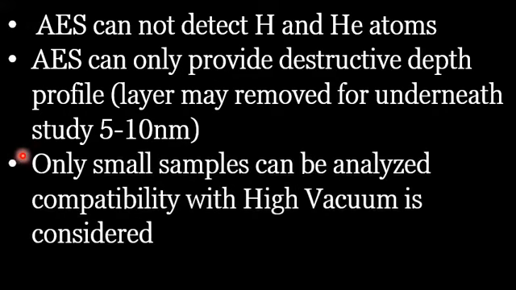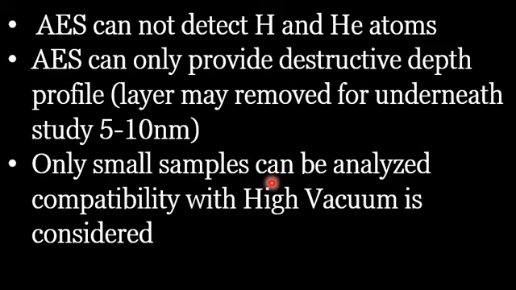Another drawback of Auger electron spectroscopy is that only a small sample can be analyzed, and compatibility with vacuum is also an issue. With this technique, only a small area of the sample is analyzed.